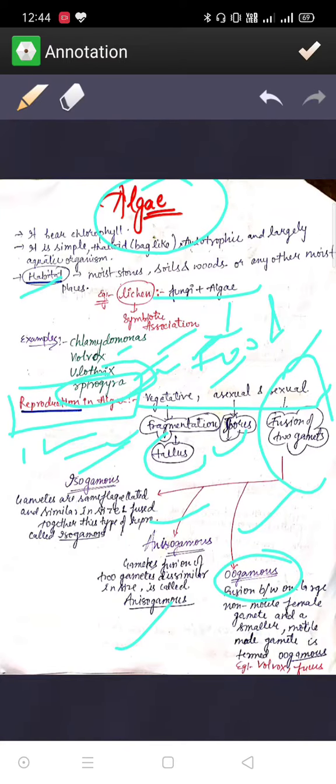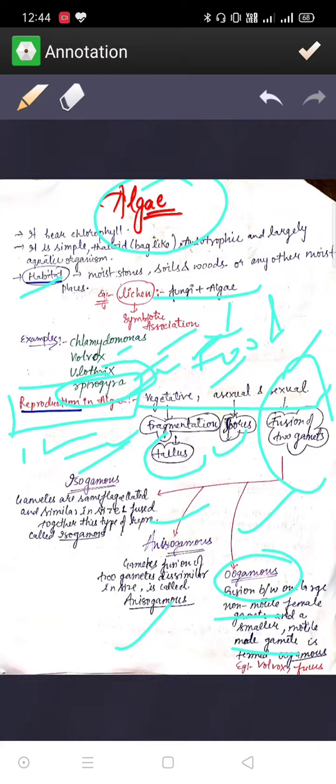In oogamous, fusion takes place between a non-motile and a motile gamete. The non-motile gamete is generally large and is the female gamete, and the motile gamete is small and is the male gamete.